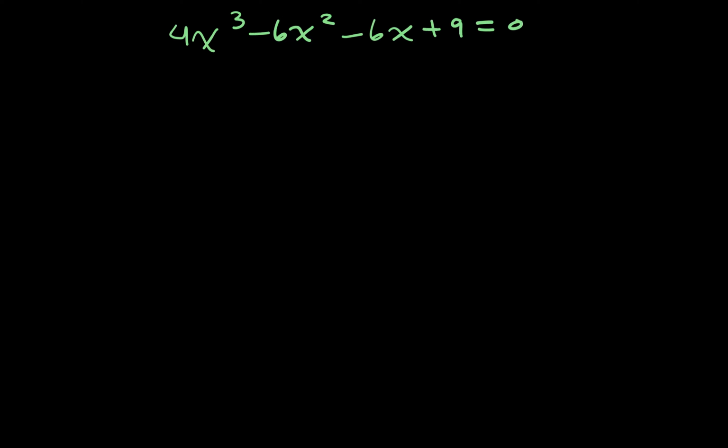Here is a practice problem. Pause the video now and try to solve it. Good. Okay. So what we're going to do is what we did in the last equation, and that was factor the 4x cubed minus 6x squared, and minus 6x plus 9.